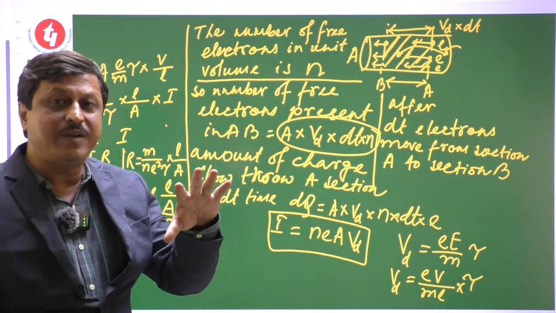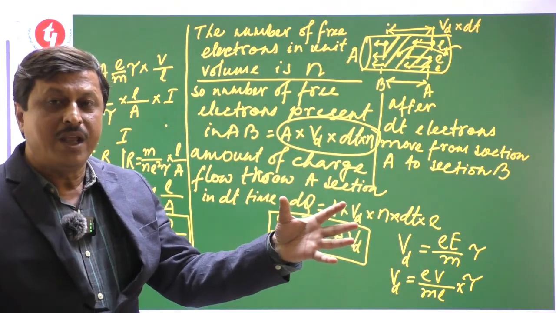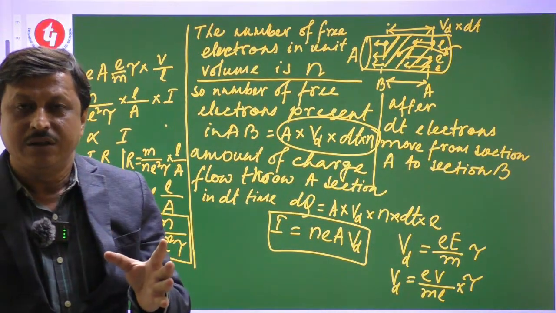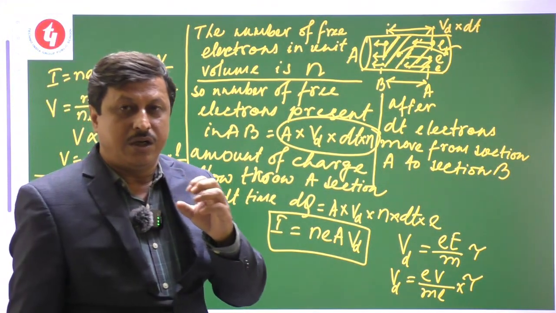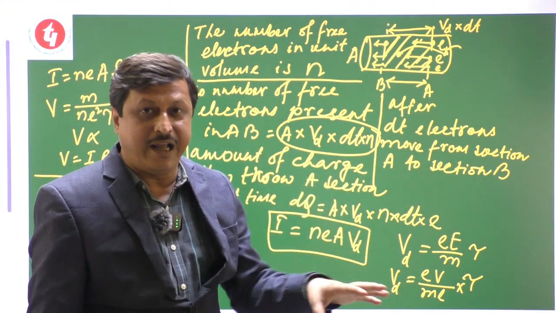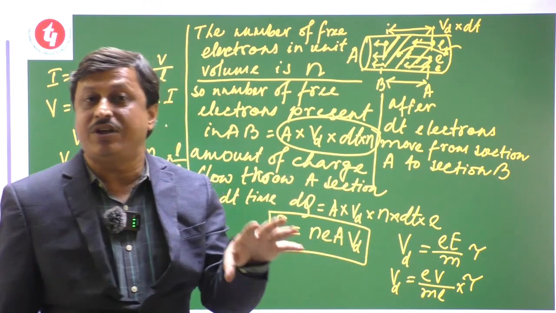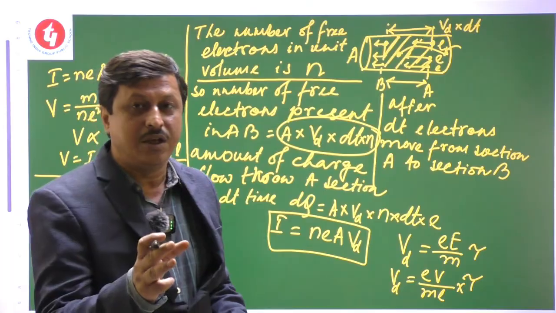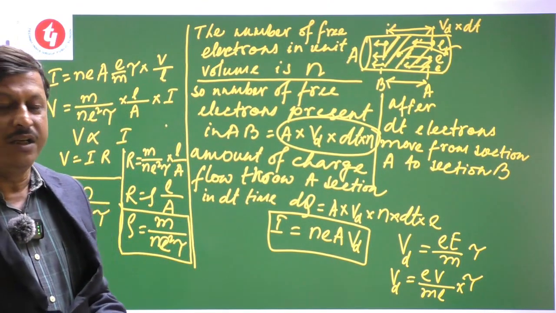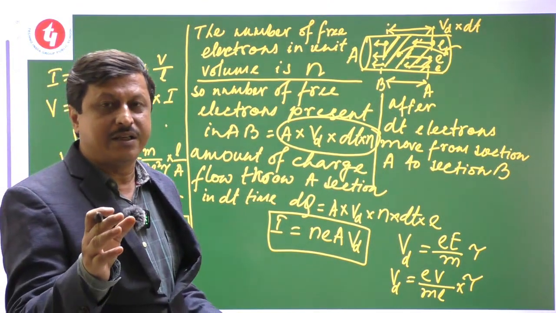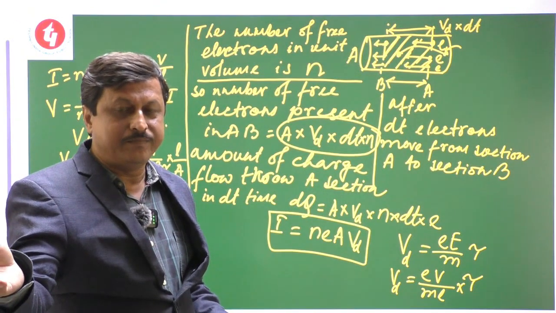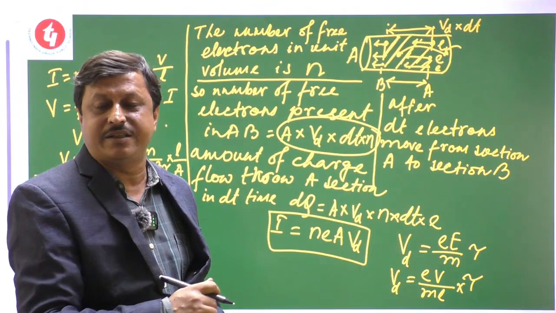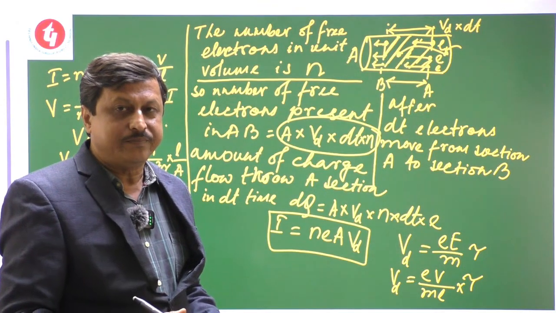That means the resistivity of iron is greater than the resistivity of copper. Why? Because n in copper is greater than n in iron.